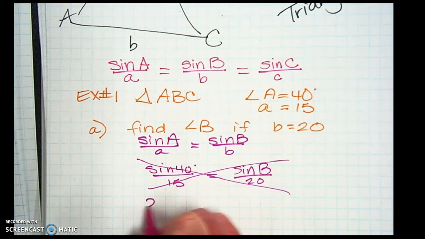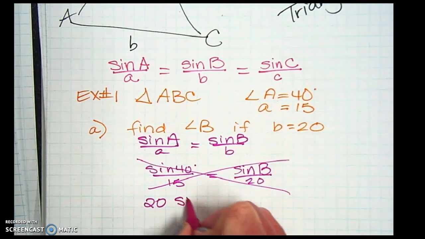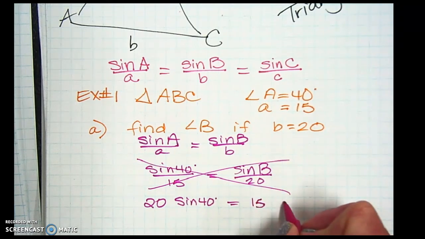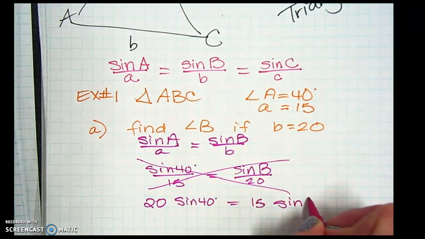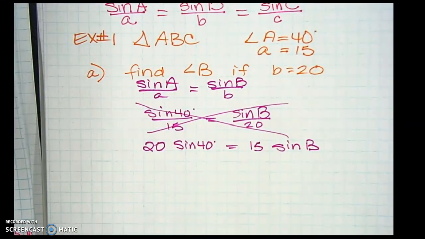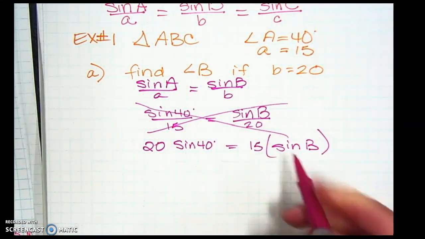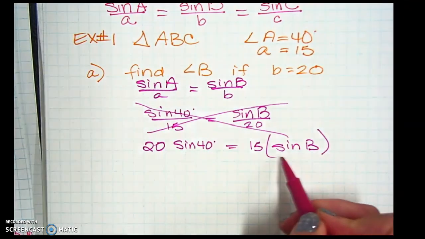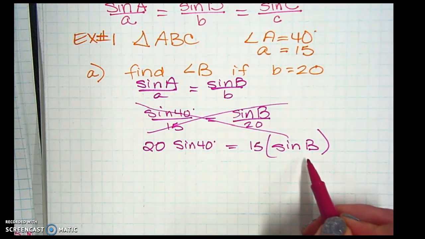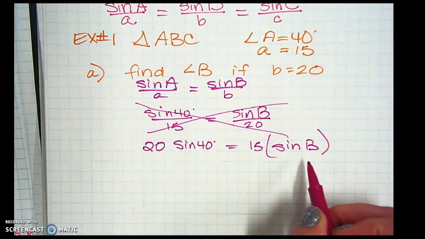So we're going to say 20 times the sine of 40 equals 15 times the sine of B. The sine of B is what we want to solve for, right? Is that an angle or a side? Angle. So we're going to use regular or inverse trig. Right.